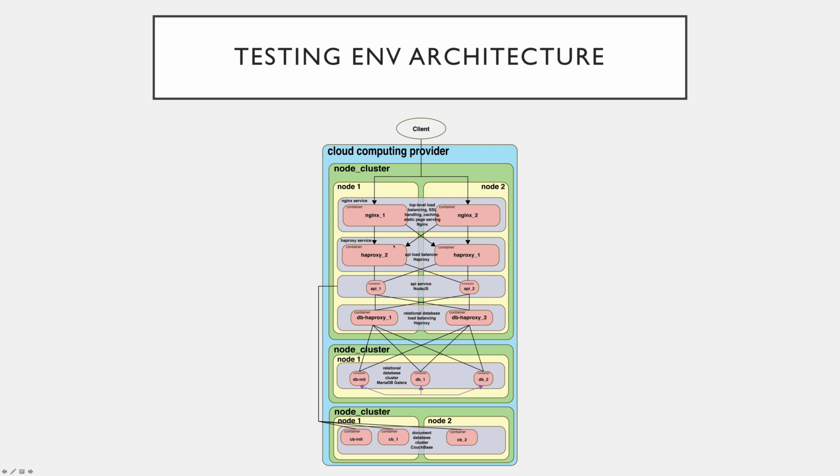So if Nginx 1 goes down, you still request the same domain name. You don't have to request some subdomain to get to the other top level load balancer. It just automatically routes over to that load balancer until the Nginx 1 comes up. Or if we add an Nginx 3, then it would add that to the pool. Same with all of the other services.